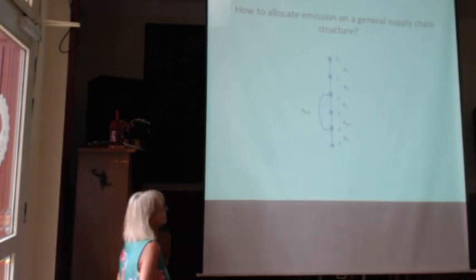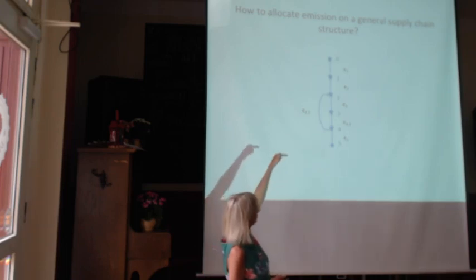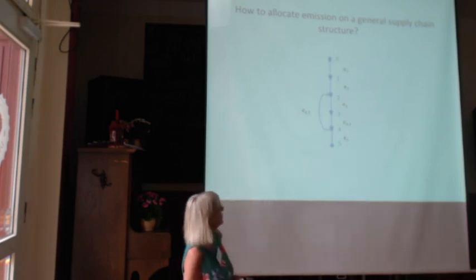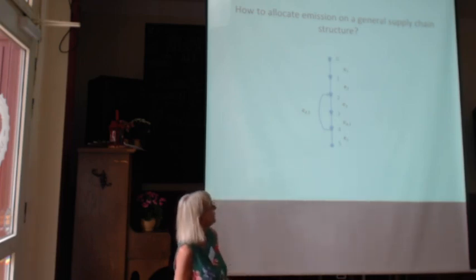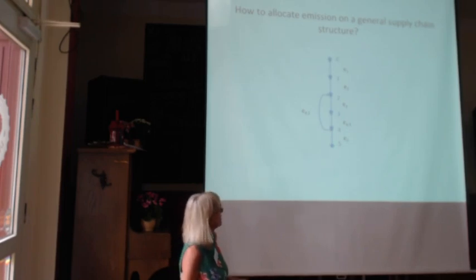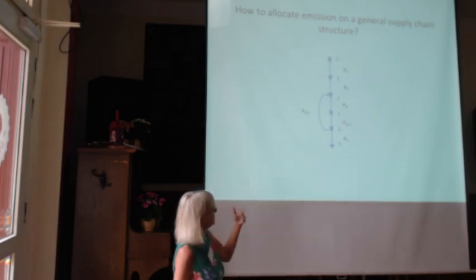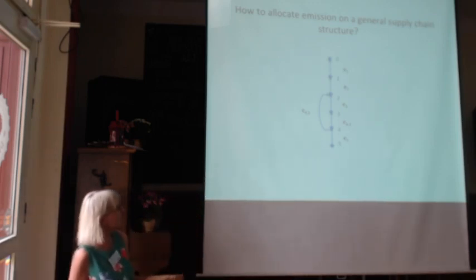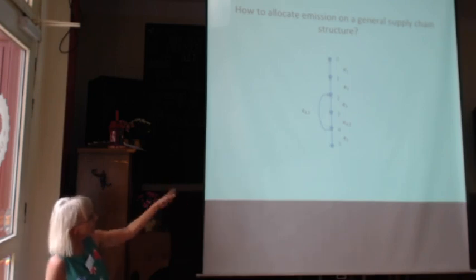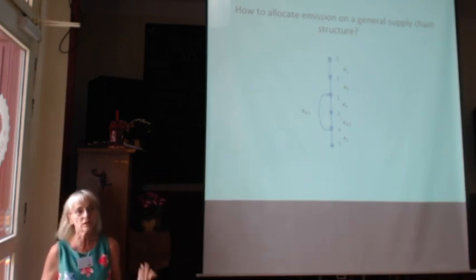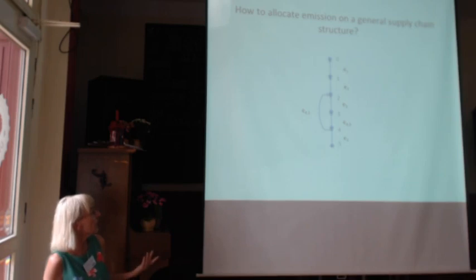So for instance, if we want to calculate emissions for the node 3, let's say responsibility for node 3, its allocation, we can see that, assume that it's responsible indirectly for node 5. So we can see that some of the emissions from node 5 will go towards 3, but some will go around to node 2 and circumvent the node 3. So how do we decide what is the responsibility of node 3 in this case?